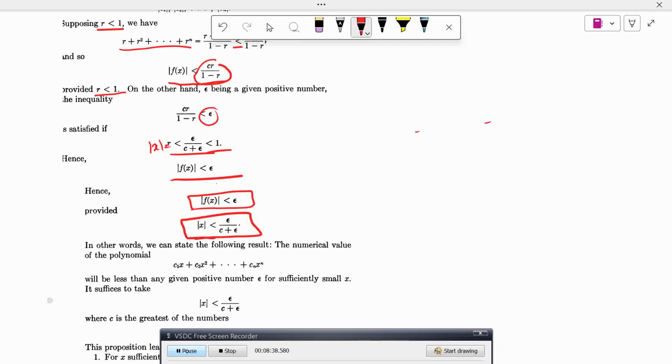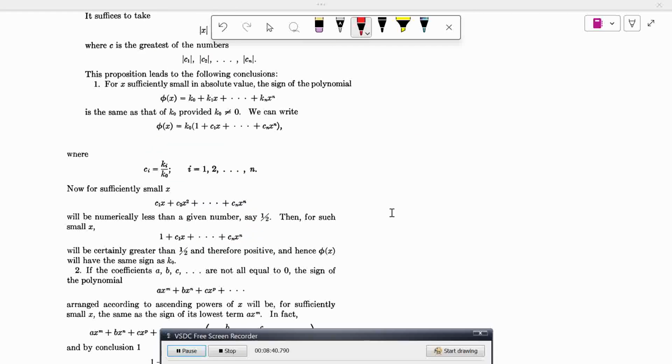Okay. Now from that we will make some conclusion. Suppose x is very small, sufficiently small. Then this is a polynomial of degree n.